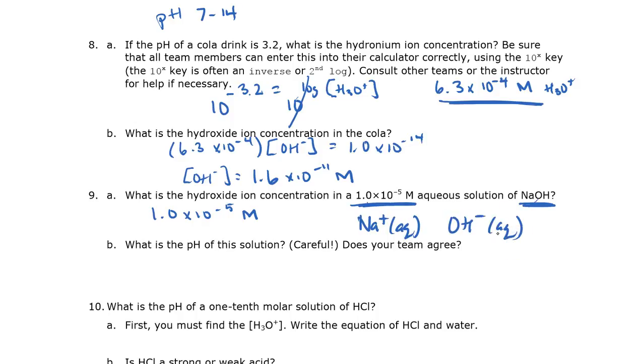So in that solution you would have 1 times 10 to the minus 5th molar sodium and 1 times 10 to the minus 5th molar hydroxide. So you don't have to do any math there. This is the answer.